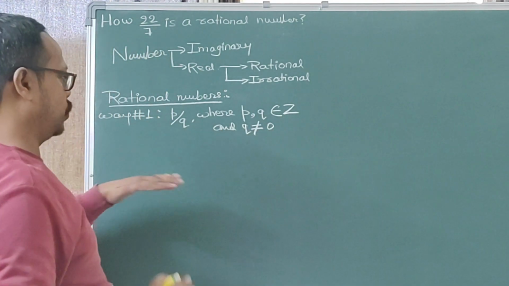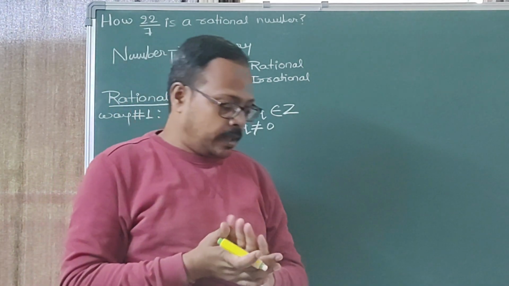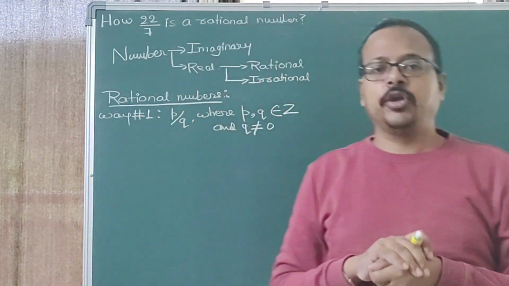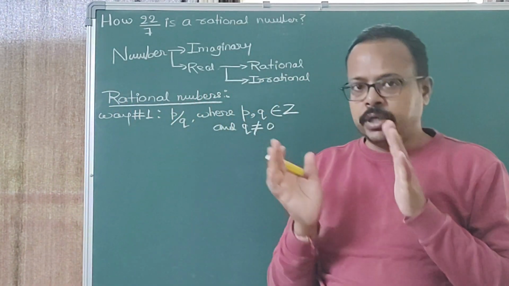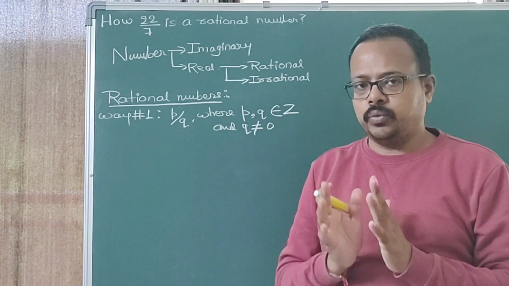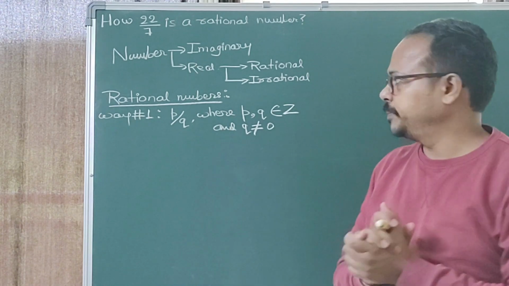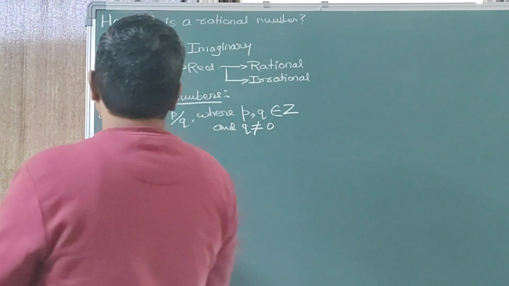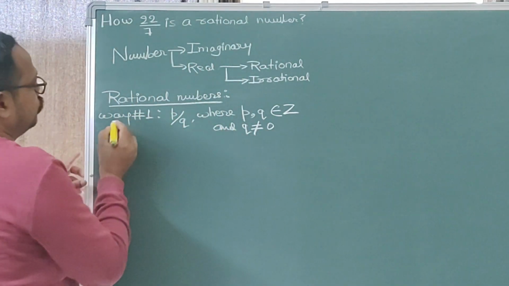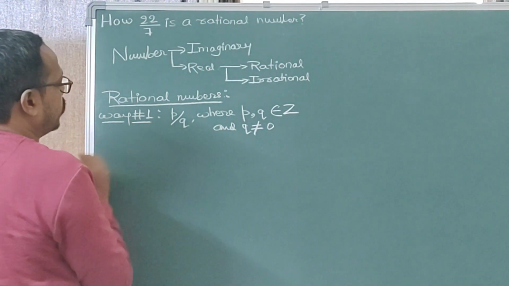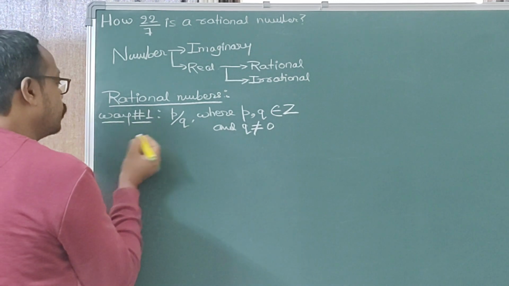A number which can be written in the form of p by q, where the divisor q is not equal to 0, is called a rational number. That is one way to express rational numbers.